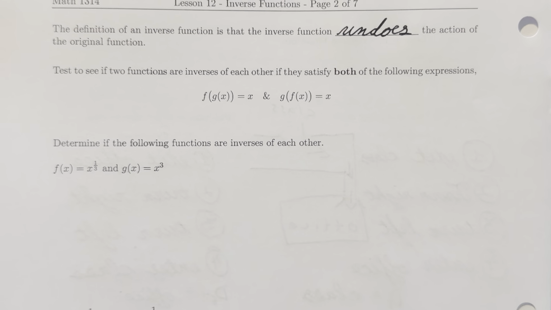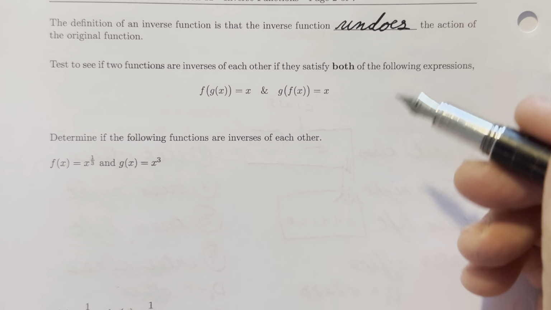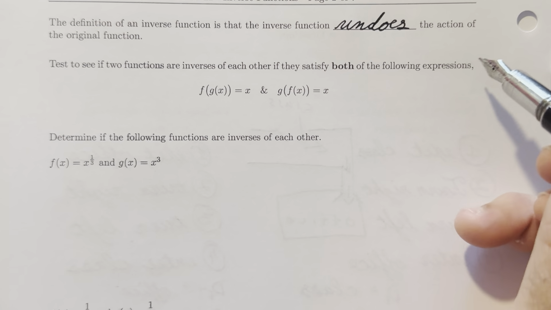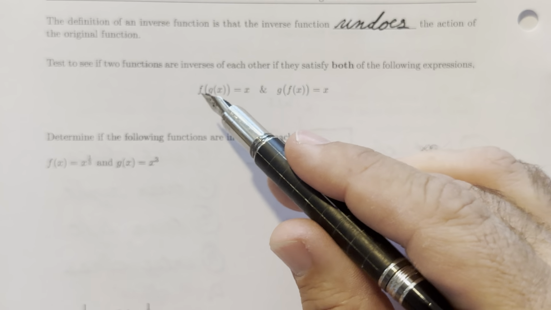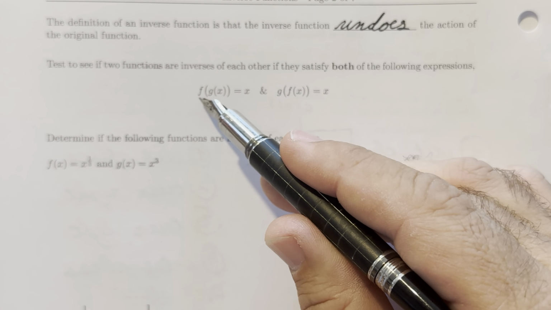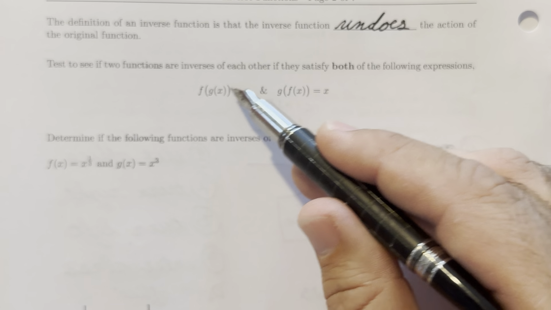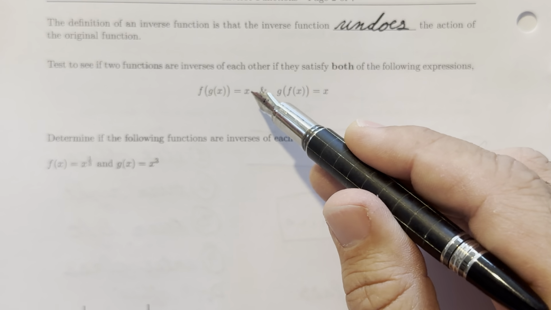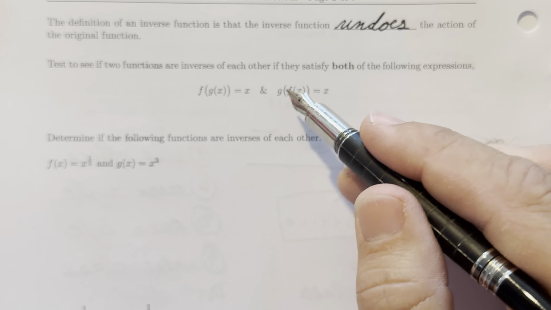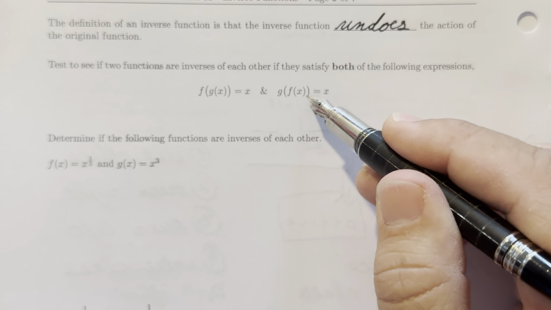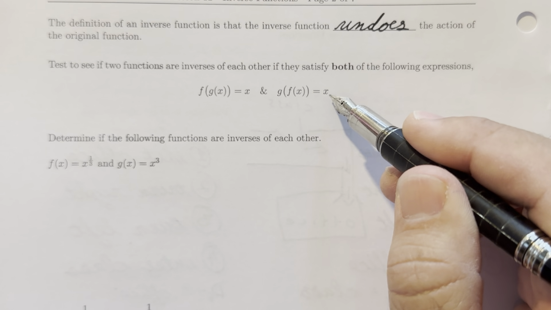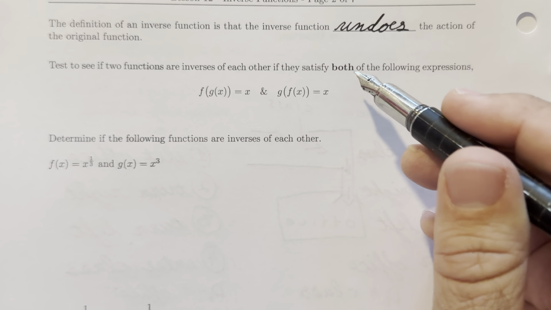So this leads us to our following test to verify that a function is an inverse. If I take f of g of x and the output is simply x, and then also if I do g of f of x and the output is x, then they are inverse functions.